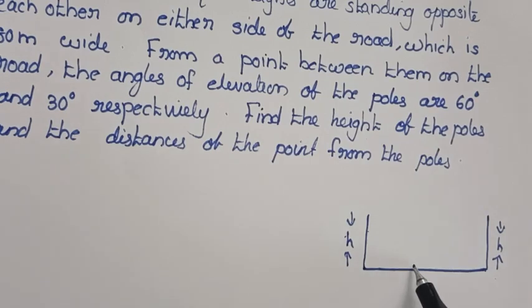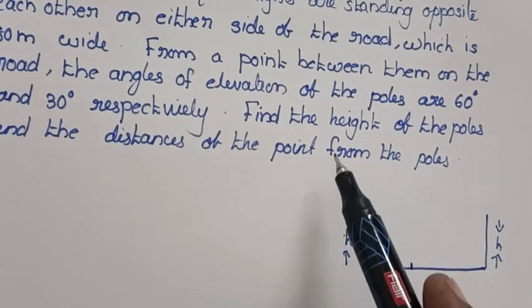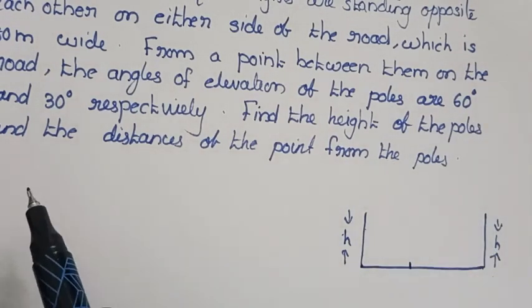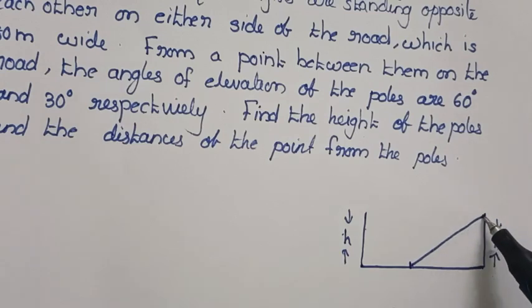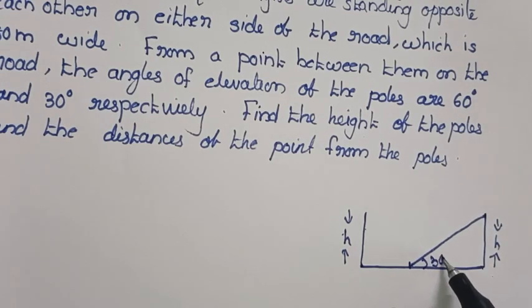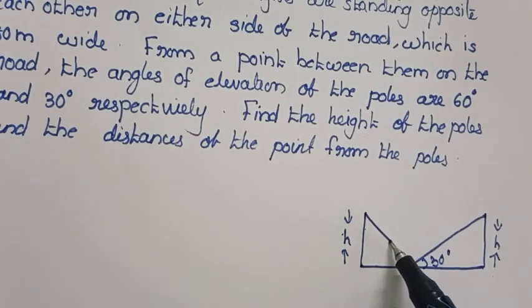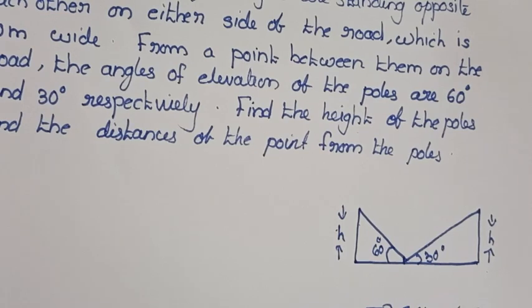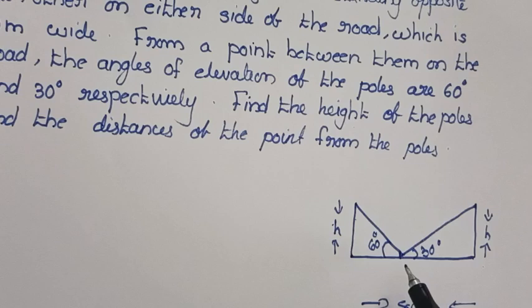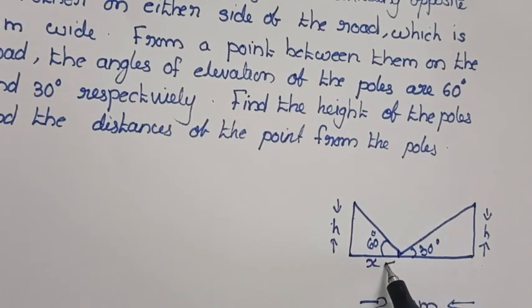From a point on the road, the angles of elevation of the poles are 60 degrees and 30 degrees. The smaller angle is 30 degrees and the larger angle is equal to 60 degrees. We have to find the height of the pole and the distance of the point from the poles, that is, this distance x and 80 minus x.